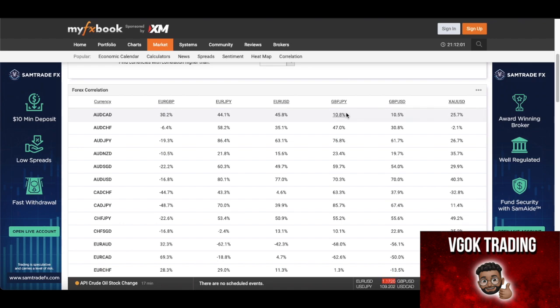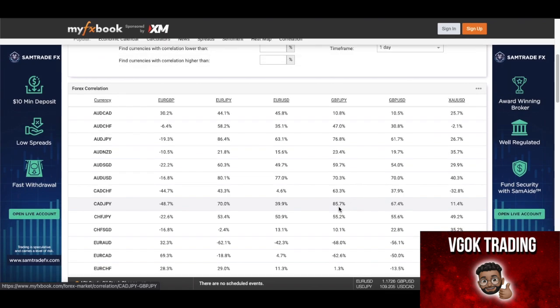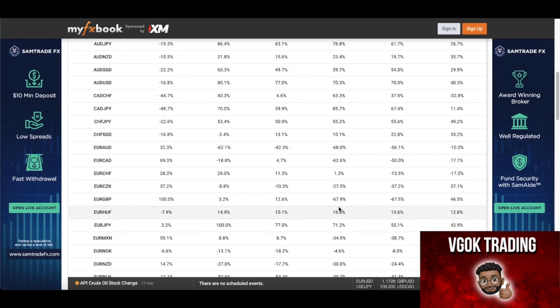So for example, something like GBPJPY correlates with AUDUSD about 70%. Something like CADJPY, because there's that JPY factor in both currency pairs, they actually correlate 85%. Personally, I think anything at 70% or above is a good correlation, a positive correlation.